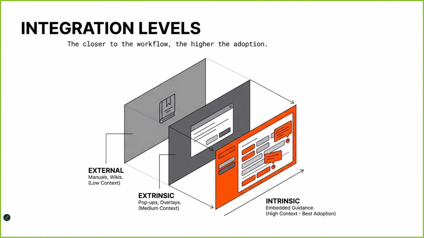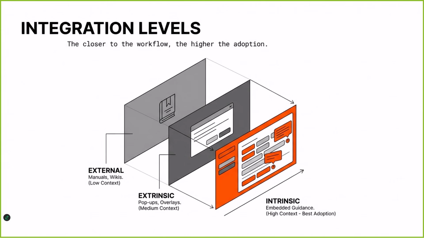And then we have our integration levels. And this is one that I really want to emphasize. We want to think about how we integrate these playbooks into our processes. They can be external, extrinsic, or intrinsic. External would be a web page we go to get it.